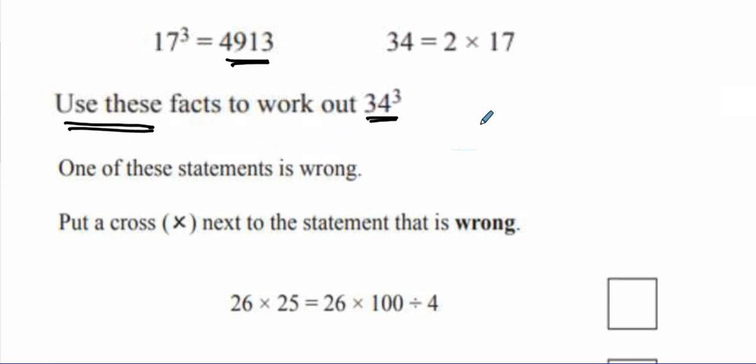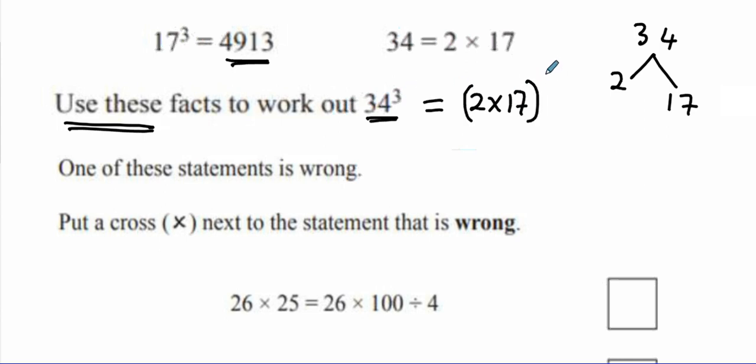Now for 34 to the power of 3, what you do is take 34 and factorize it. See that? This equals 2 times 17. So what does it mean? It means that 34 to the power of 3 is the same as 2 times 17, but because there is a power of 3, you do the whole thing to the power of 3.